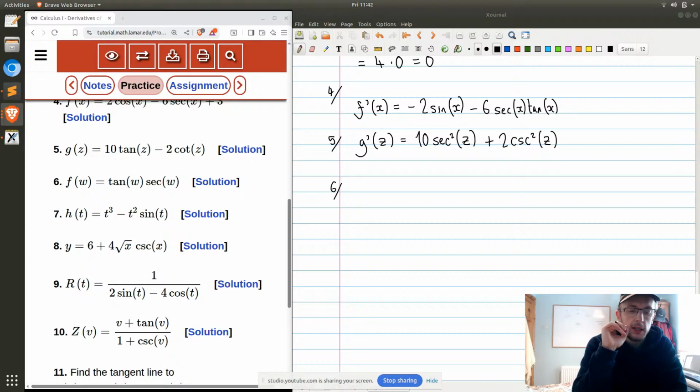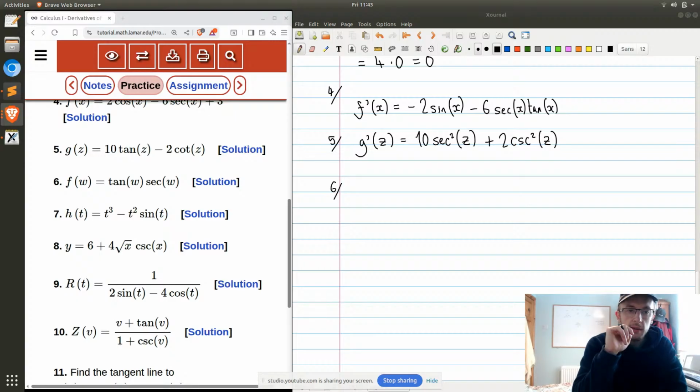Just one more time. d by dx of sine x is cosine x. d by dx of tan x is sec squared x. d by dx of sec x is sec x tan x. That's it, correct. Then d by dx of cos x is minus sine x. d by dx of cot x is minus cosec squared x. And d by dx of cosec x is minus cosec x cot x.